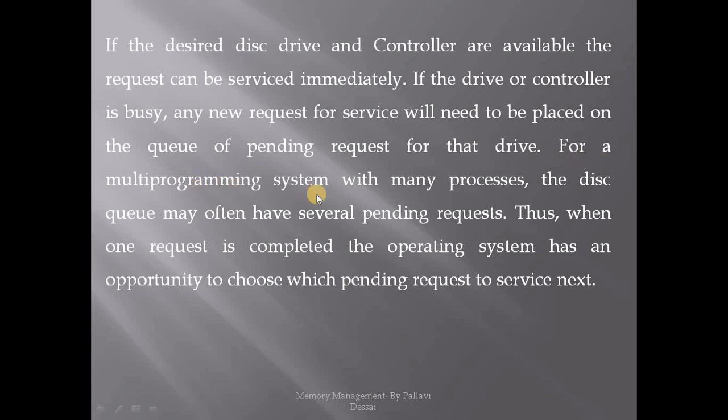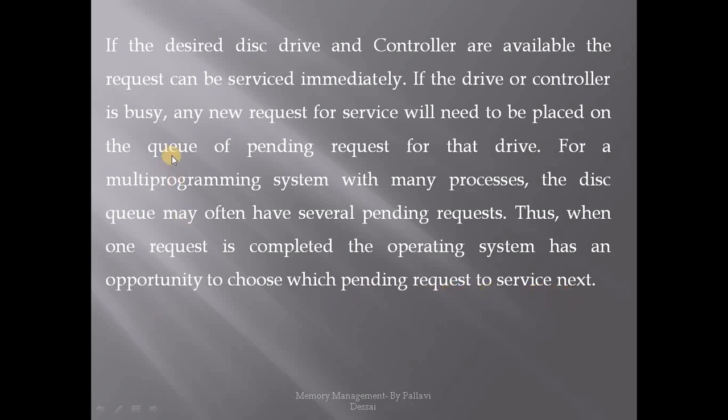For a multi-programming system with many processes, the disk queue may often have several pending requests. Okay, because there will be more processes running at the same time. Thus, when one request is completed, the operating system has an opportunity to choose which pending request to service next.